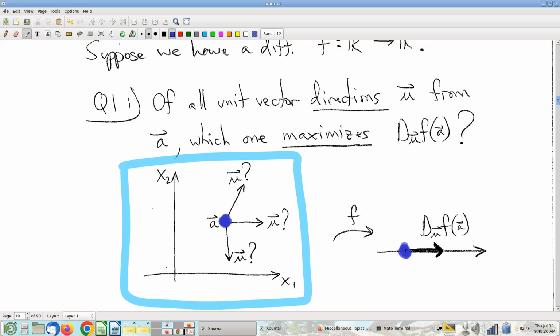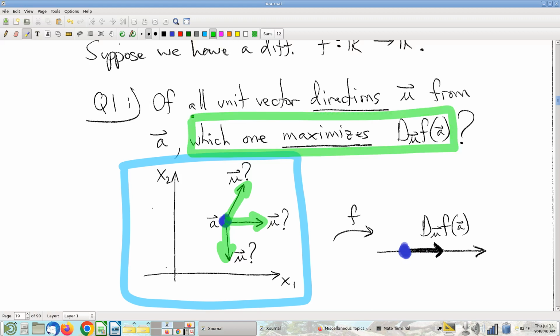But suppose that as I sit there, I entertain the question of, hey, which direction should I start moving? Which direction should I walk? Should I walk this way or that way, or which direction should I move? Specifically with a particular goal in mind. Now, my goal: what I want to do is ask which one of these maximizes the directional derivative.